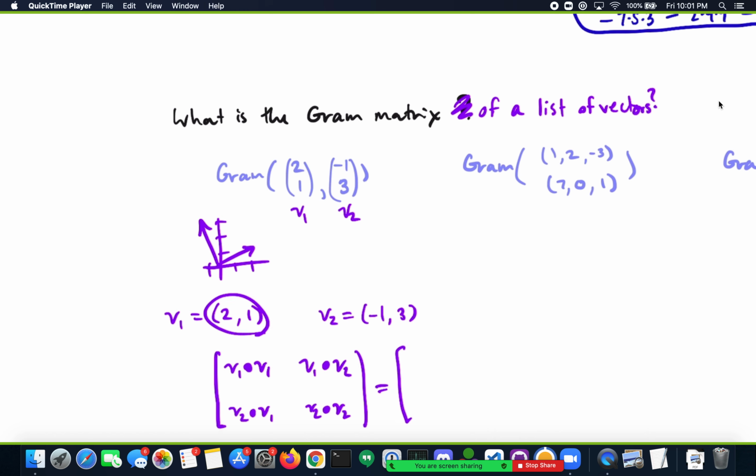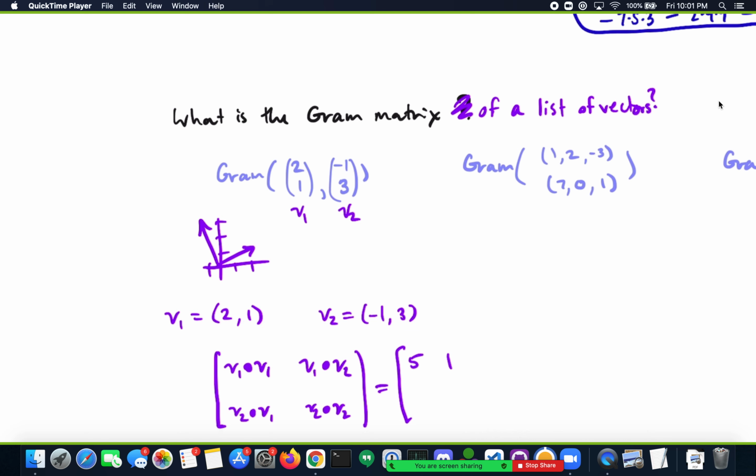So v1 dot itself will be 4 plus 1, which is 5. v1 dot v2 is negative 2 plus 3, which is 1. Remember, what we're doing is we multiply those together, and then add the number that we get when we multiply those together.